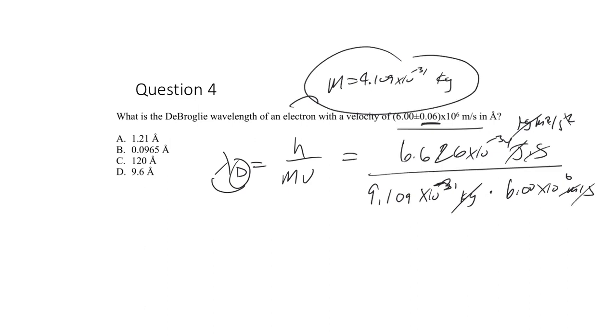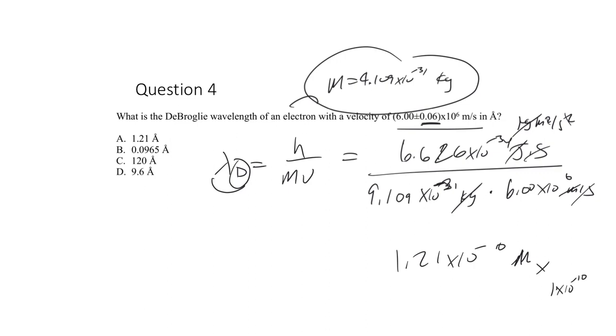So 6.626 times 10 to the minus 34, divided by 9.109 times 10 to the minus 31, divided by 6 times 10 to the 6 gives me 1.21 times 10 to the minus 10 meters.